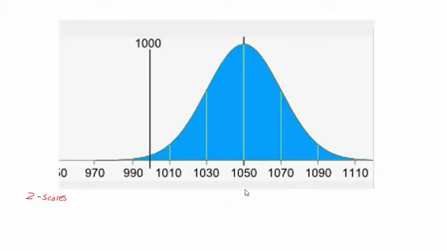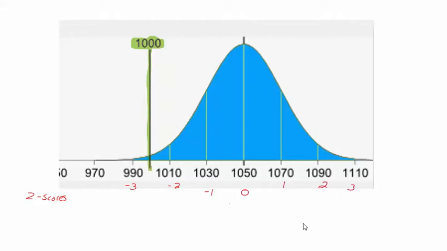So the mean has a z-score of 0, and the standard deviation is 20, so this is $20 less, 1 standard deviation below the mean, 2 standard deviations below the mean, 3 standard deviations below the mean, and here's the guy we're looking at. We want to know how many people make less than $1,000. So this is our $1,000 mark right in here somewhere. And then of course we have above the mean 1 standard deviation, 2, 3.